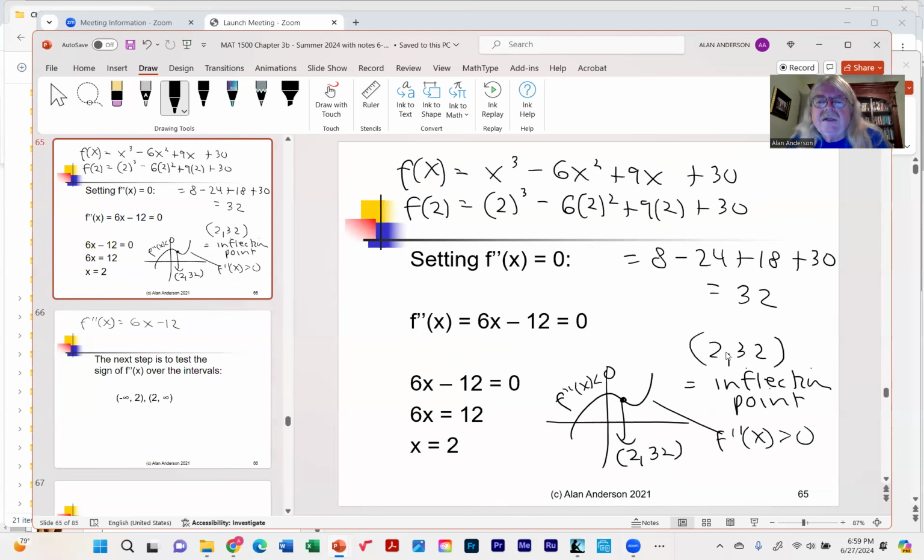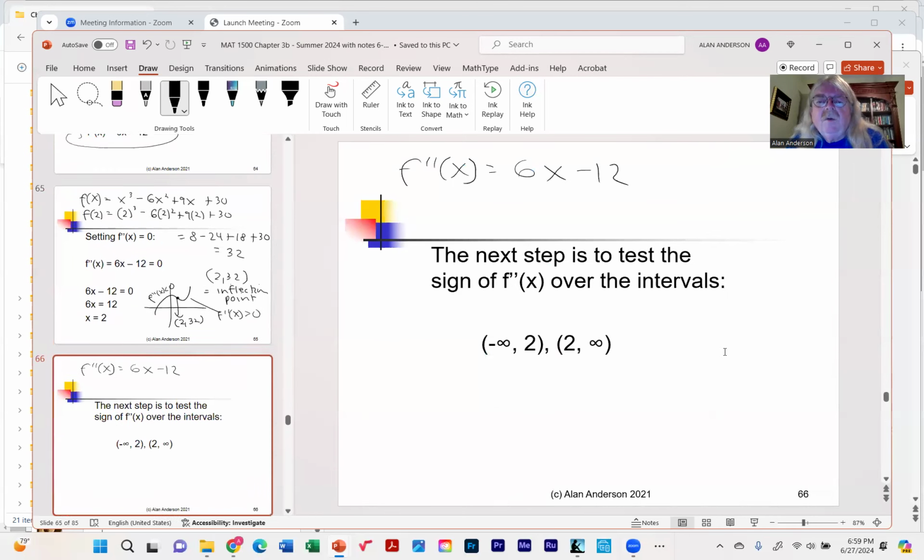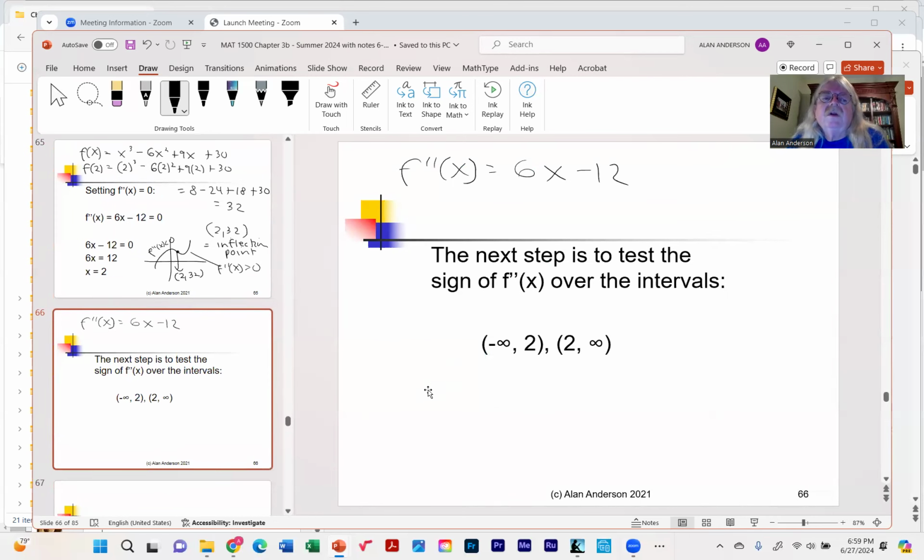Let's say that we don't have a graphing tool at our fingertips, and we're not completely sure what the graph looks like. Well, we do know that the point (2, 32) is our inflection point. What we don't know is which of these two sides is concave up or down without testing them.